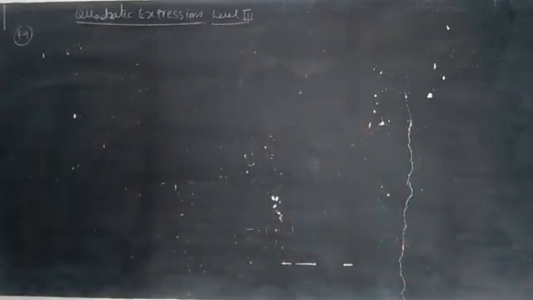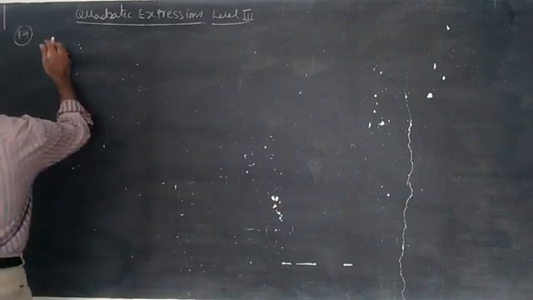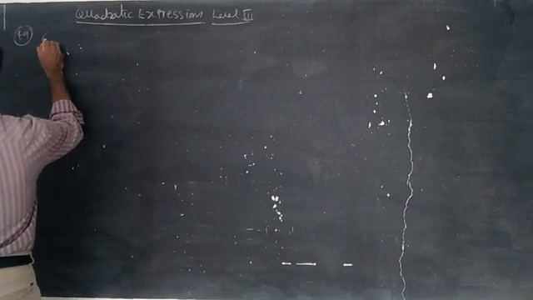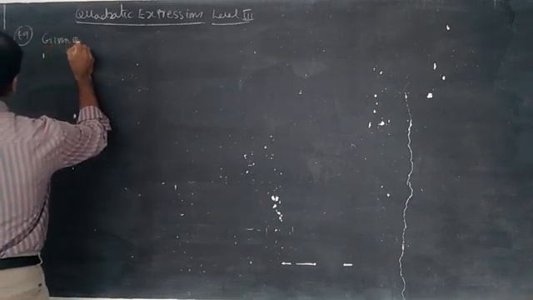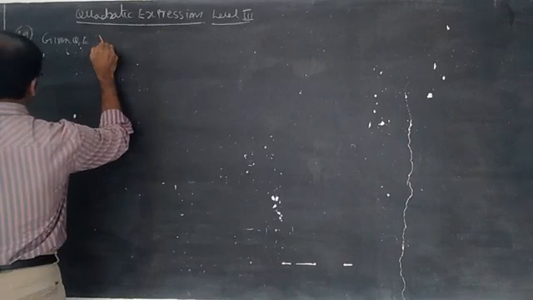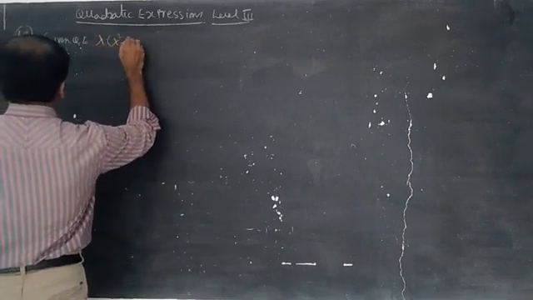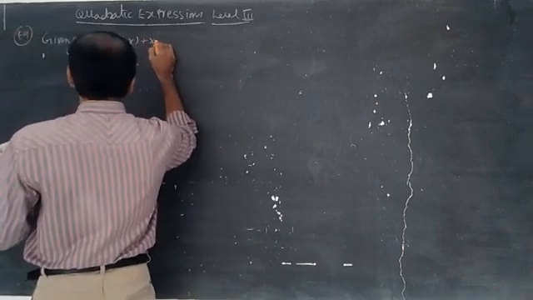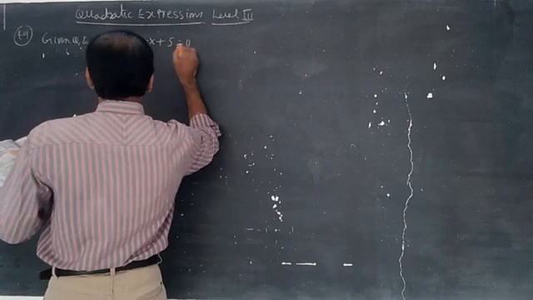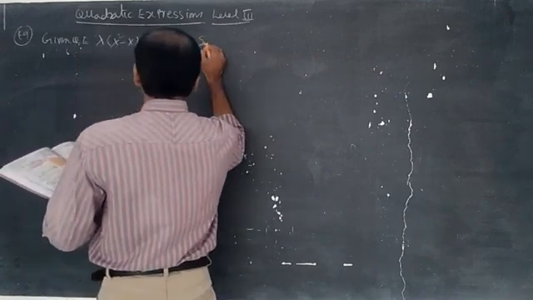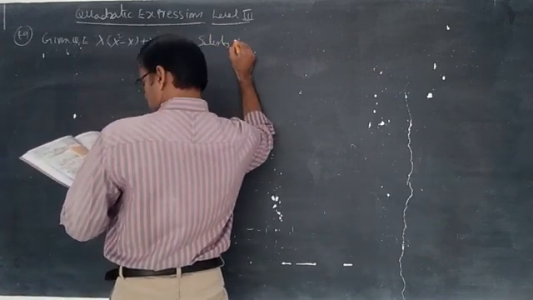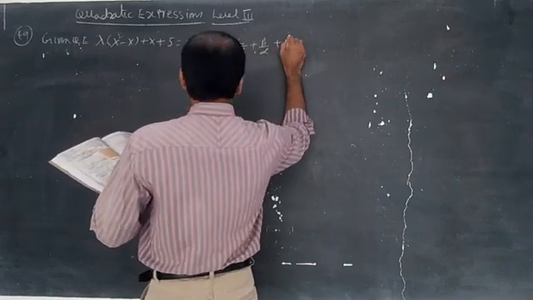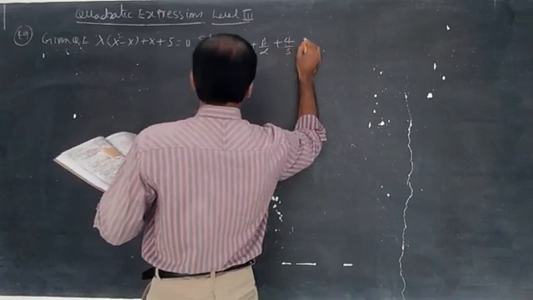Given the quadratic equation, we can write lambda x square minus x plus 5 equal to 0, satisfy alpha by beta plus beta by alpha plus 4 by 5 equal to 0.